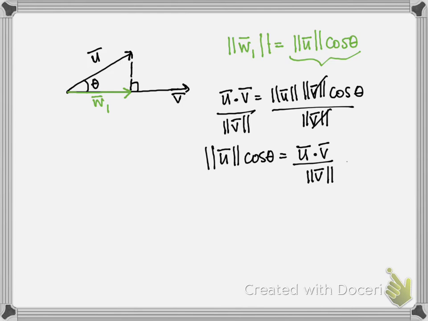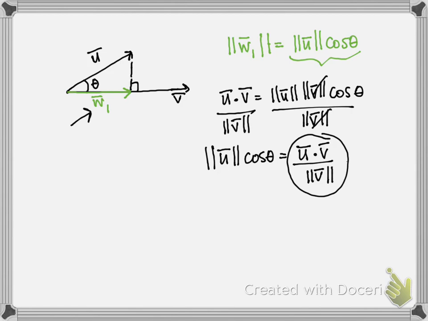Now, this vector w1, it's pointing in the same direction as v, and it has this as its length. So how do we cook up this vector? Well, it's pointing in the same direction as v, and this is its length.